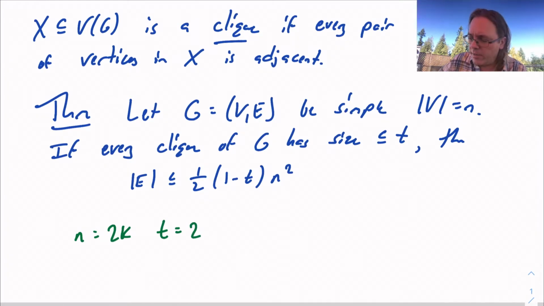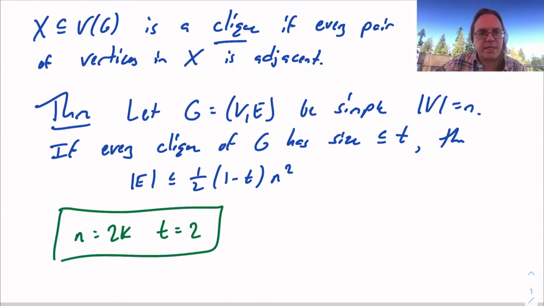Here I'm picking a couple of particular parameters, but this is back to the problem I asked you to think about. I'll tell you that n is going to be an even number, and I'll ask for a graph that does not have a clique of size 3. So in other words, every clique has size at most 2. So you don't see any K3 subgraph.